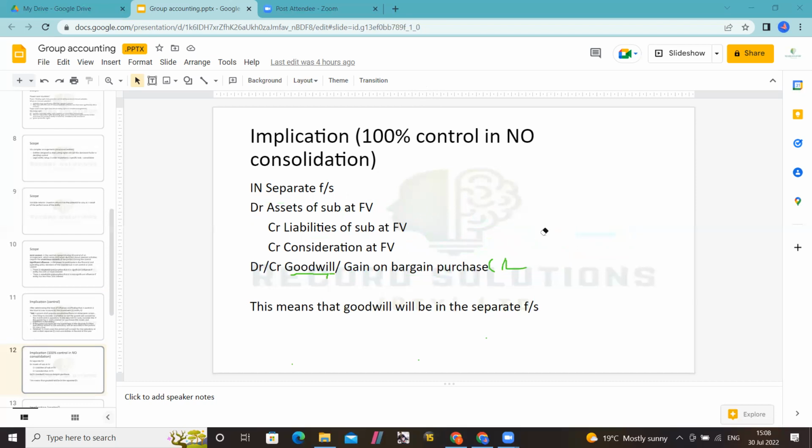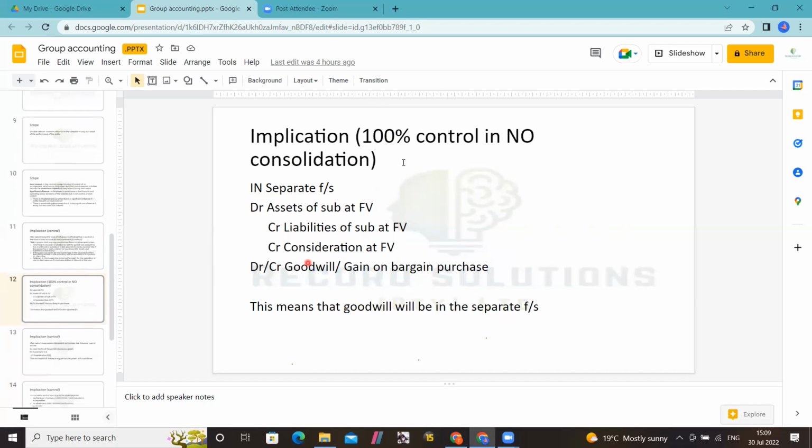That's what they mean when they say you're going to have goodwill in your separate financial books. Why? Because this journal entry you're going to do in the financial statements of the parent, not in consolidation. Consolidation means group level, not only separate parent level. That's basically how you do it when there's 100%.